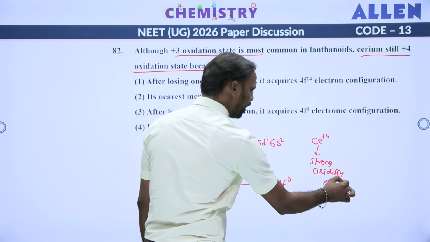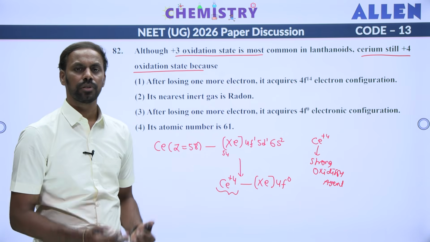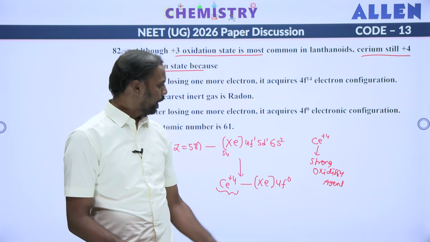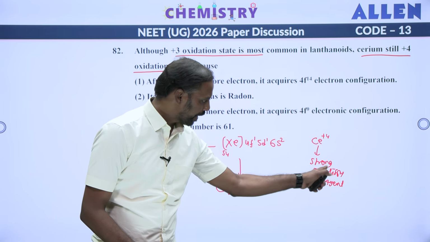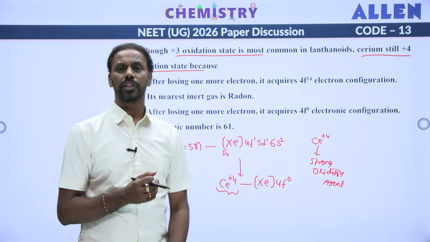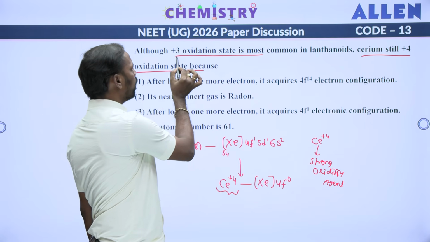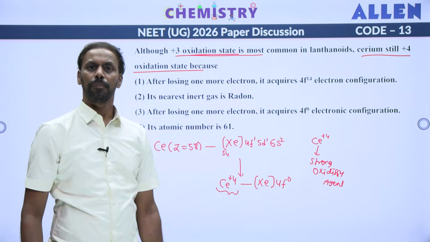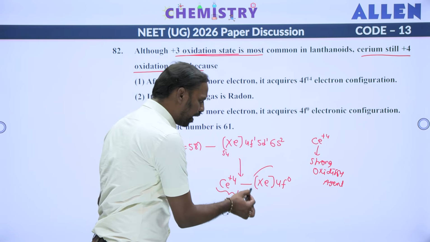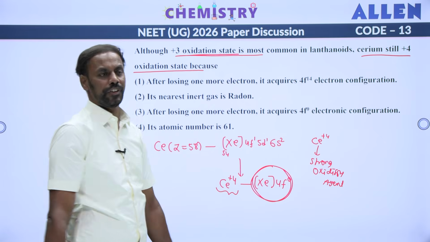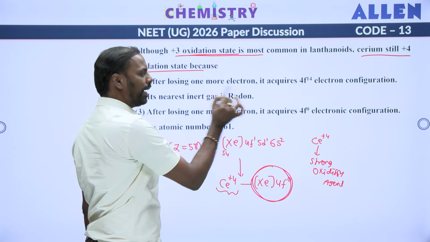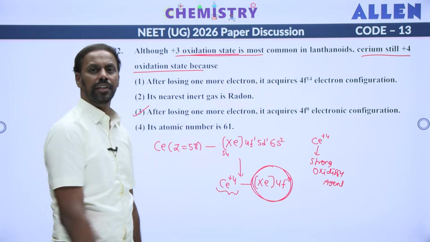Because here the general oxidation state is +3. So cerium +4 can be converted into cerium +3, undergoing reduction, at that time it will be acting as an oxidizing agent. But now the question is asking, although +3 oxidation state is the most common, why is cerium showing +4? That becomes 4f0 electronic configuration. So where is that answer, student? After losing one more electron, it acquires 4f0. That will be more stable.